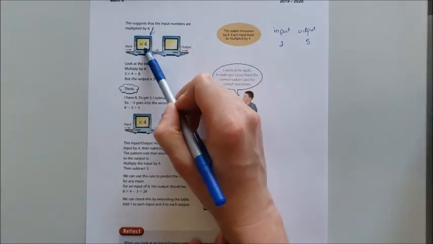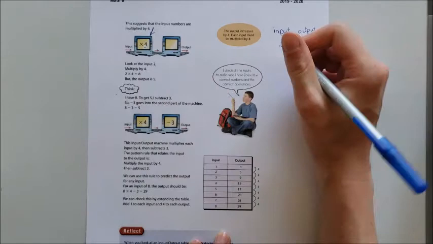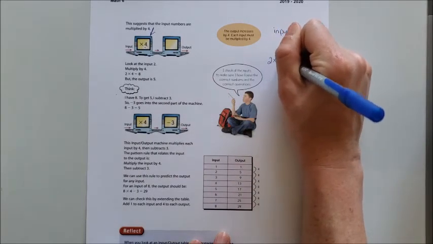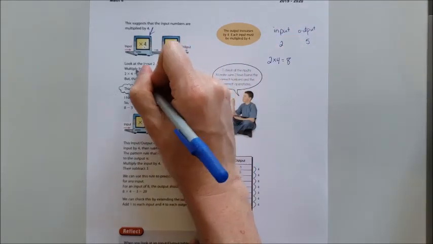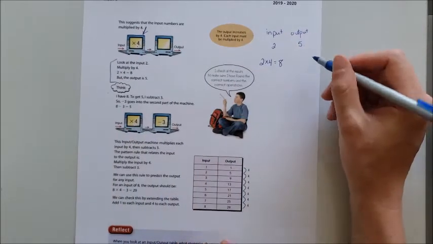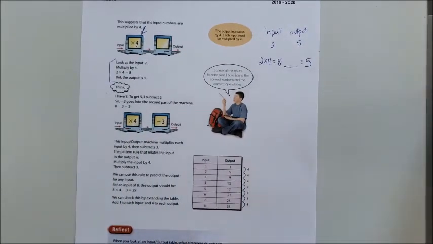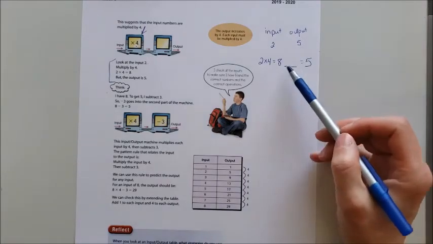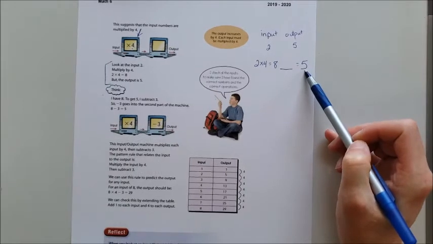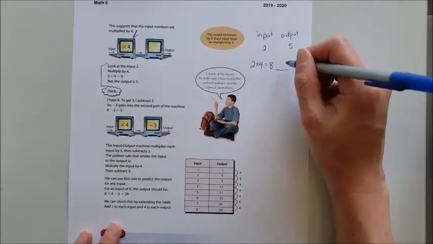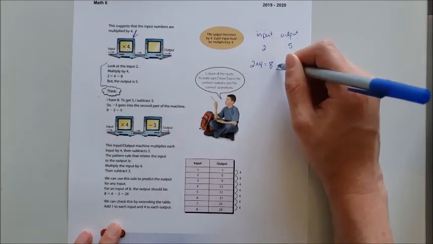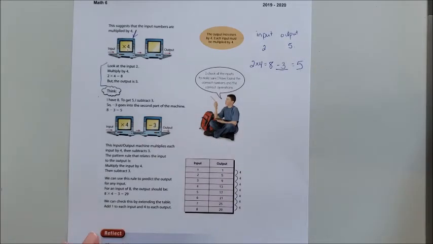So I'm going to multiply my input by 4. 2 times 4 is equal to 8. This is what they are doing here; I'm just talking it through. But I have to do something so that it equals 5 on the other end. So I have to think, what happens to 8 to get to 5? We're going to be adding and subtracting when we do this. So to go from 8 to 5, we need to subtract 3.